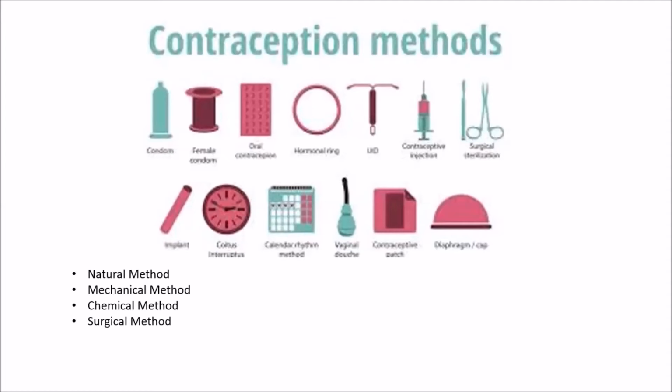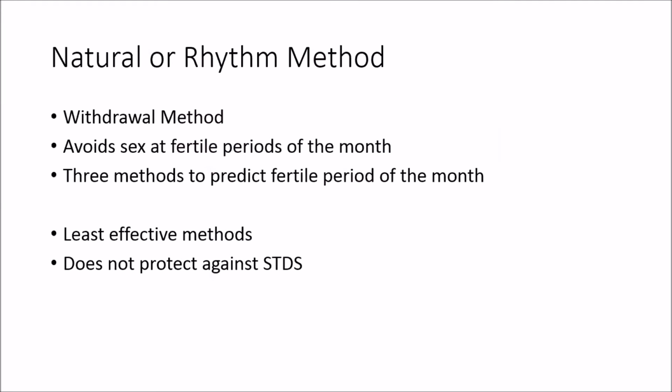Okay, so the first method we're going to talk about is called the natural method. Like I said earlier, with the natural method, this is not going to use any chemicals or any devices. This is also called the rhythm method. The primary way that this is going to work is that two things are going to have to happen. One, you're going to have to use the withdrawal method, which is removing the penis from the vagina before it ejaculates.